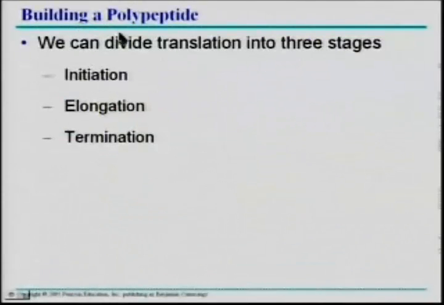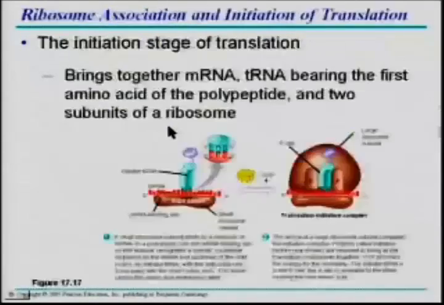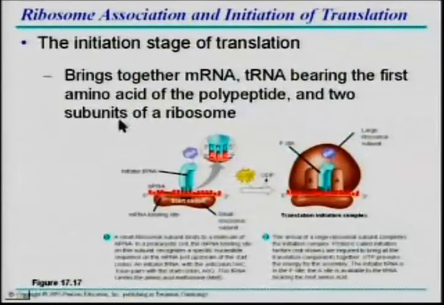So building a polypeptide, we can divide translation into 3 stages: initiation, elongation, and termination. Sounds very familiar. So the ribosome association and initiation of translation is discussed on this slide. The initiation stage of translation brings together mRNA, tRNA bearing the first amino acid of the polypeptide and 2 subunits of the ribosome.